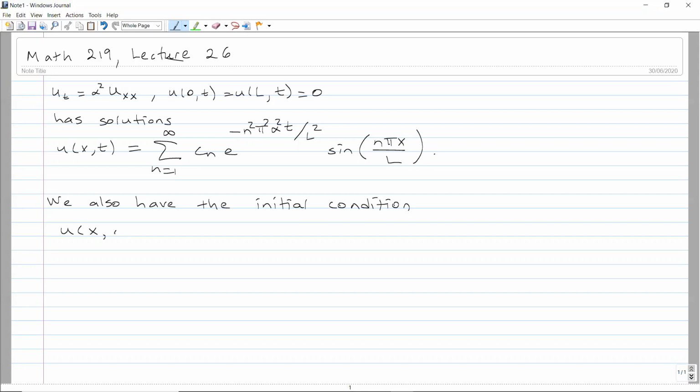At time t equals 0, the heat distribution is given by the function f.